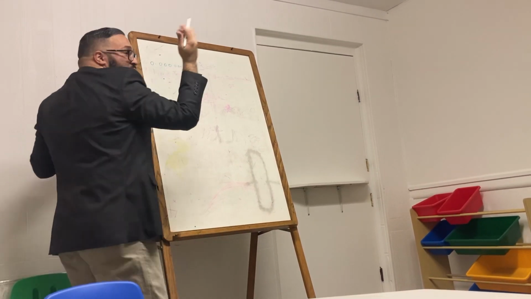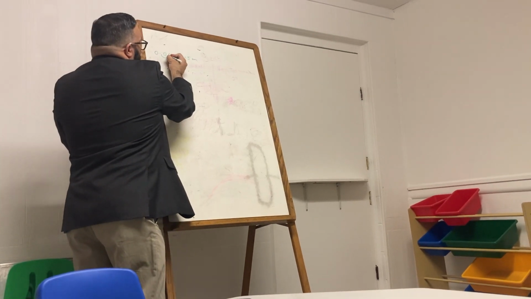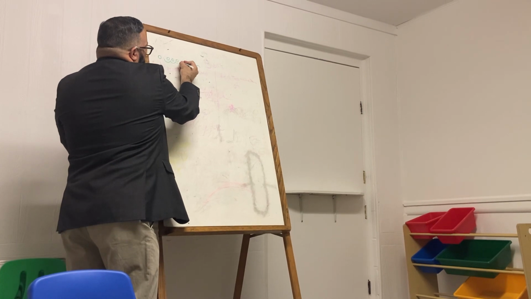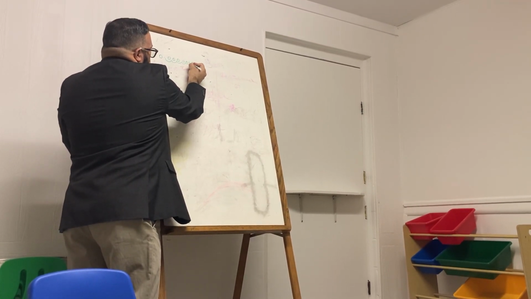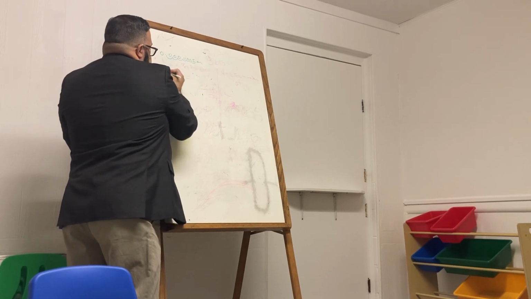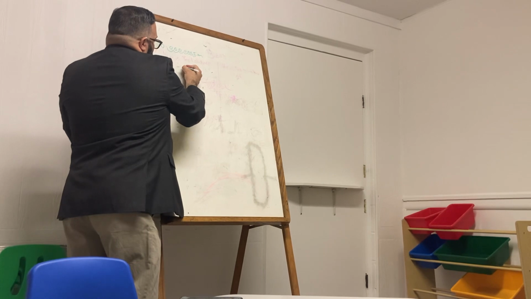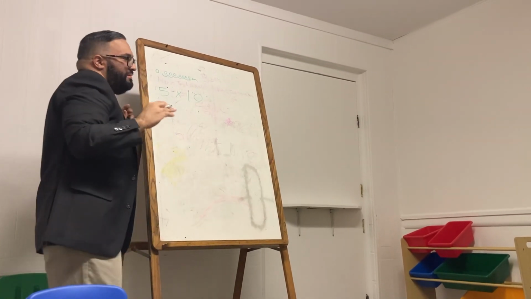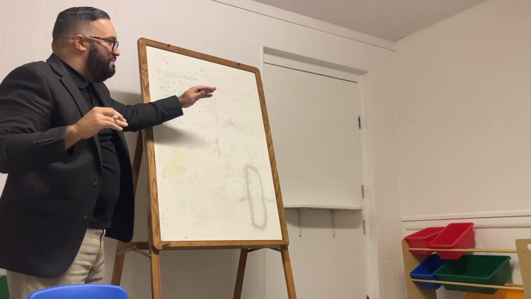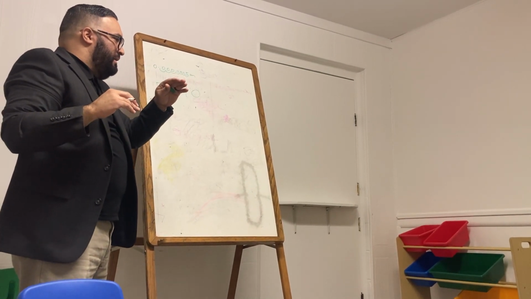So let's count with me. Let's do this. 1, 2, 3, 4, 5, 6, 7. All right, good. So how many times did we move the decimal point to the right? You just counted it. No, how many times?